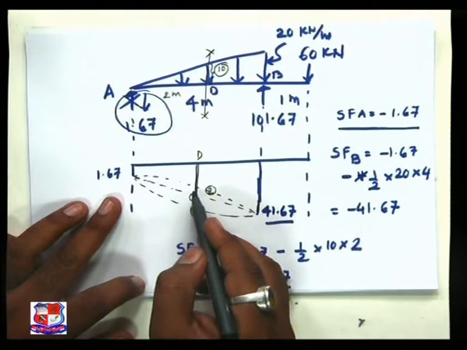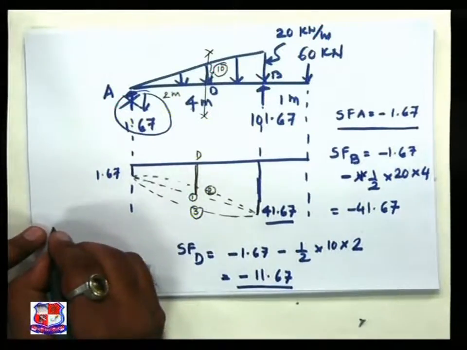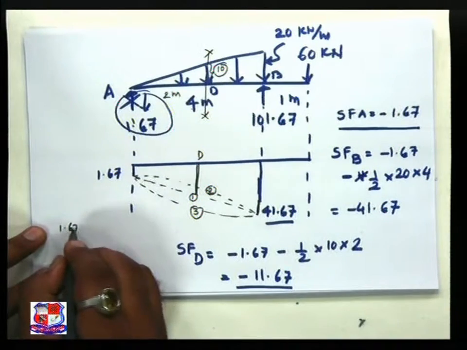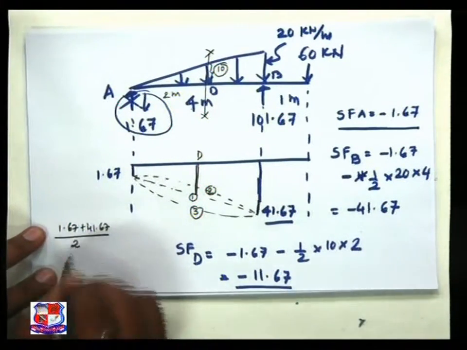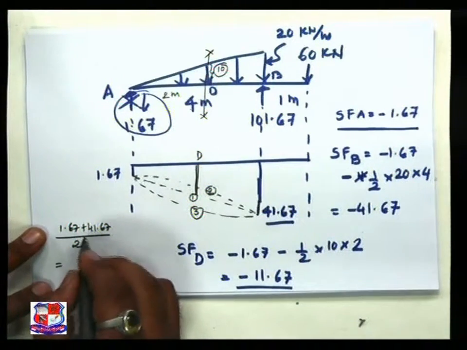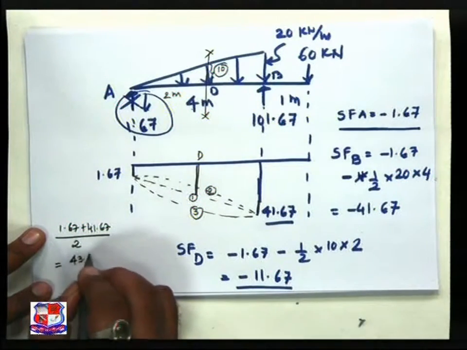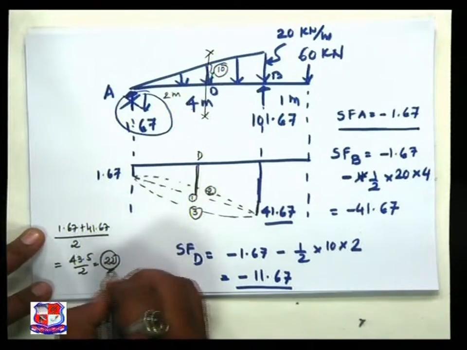It is interesting to note that one. That is 1.67 plus 41.67 by 2, and this gives me around 41 plus 2, 42, that is 43.5 by 2, that is around, let it be 22 approximately.